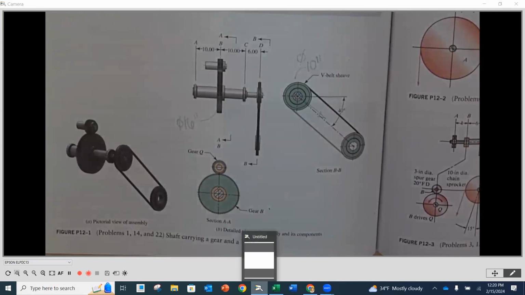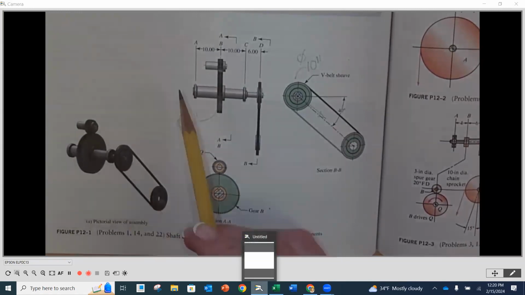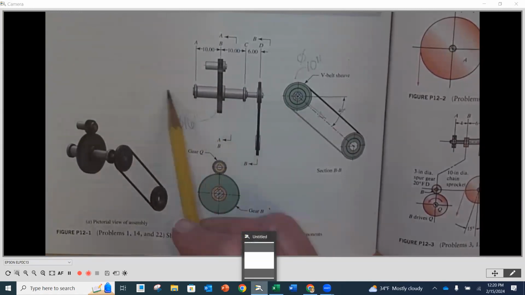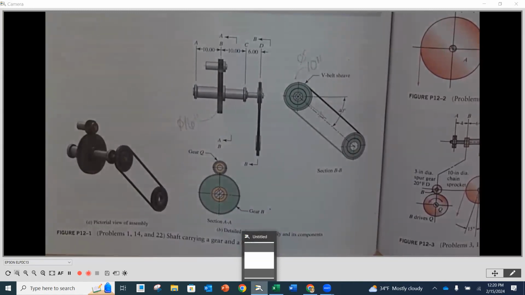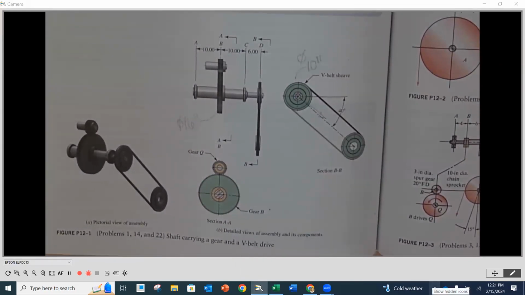Let's make sure that along this shaft, we determine what the forces generated by the gear and that sheave are. So we're going to draw our three views. I've got to get a clean piece of paper here.